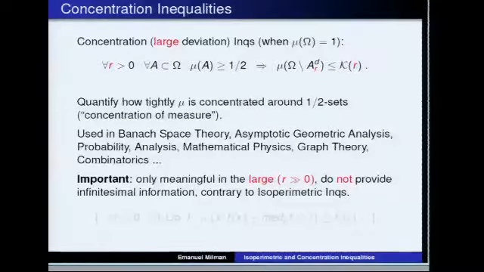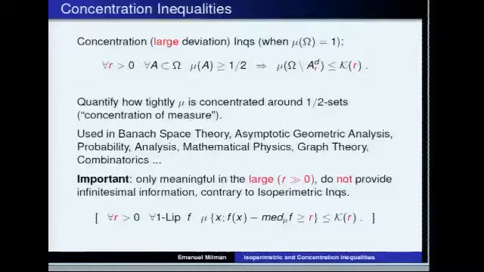K of r, when r is close to 0, could start off very big, like 100. And at this point, the inequality is, of course, meaningless. Only at the first value of r when k of r drops below 1/2 does this inequality become meaningful, non-trivial. So this is how we capture the fact that these inequalities only make sense in the large. It's really different from isoperimetry.